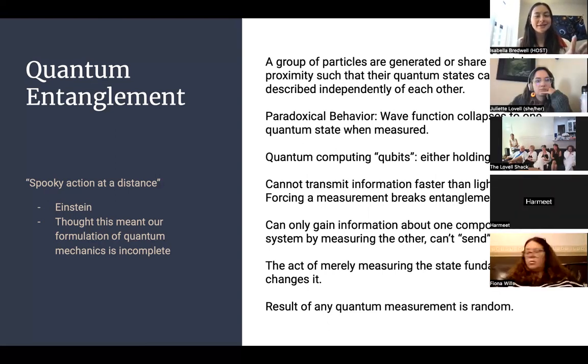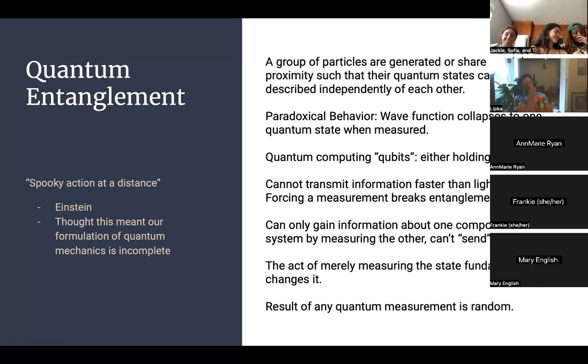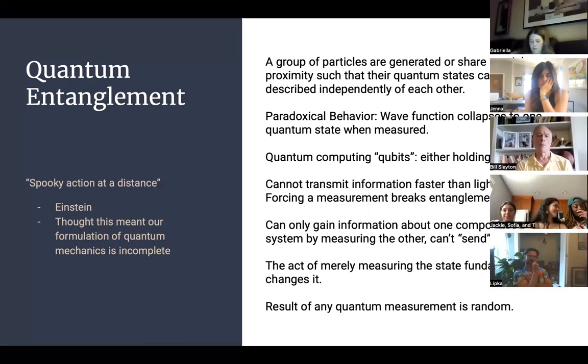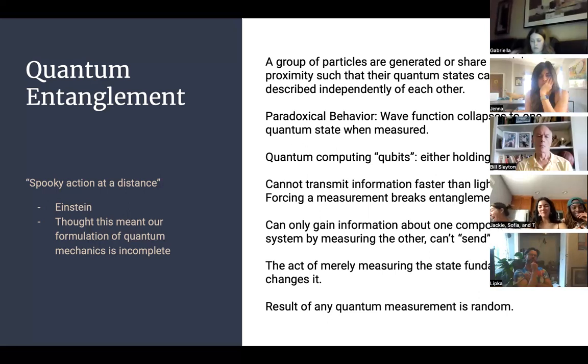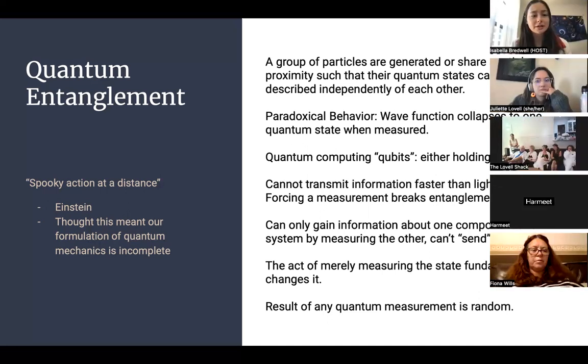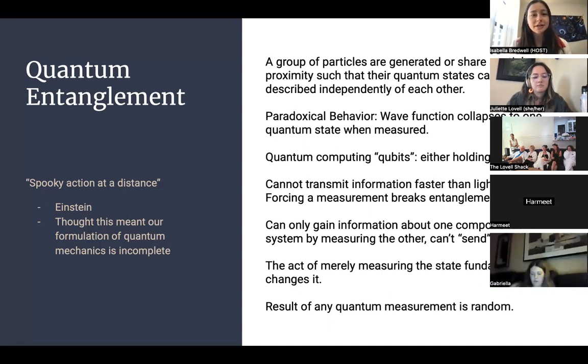So you can't transmit information that way, or they haven't been able to figure out how to transmit information that way. But you can use it to, I'm not really too familiar with this stuff, but you can use it to encode, or to do cryptography or just security stuff like that. But yeah.